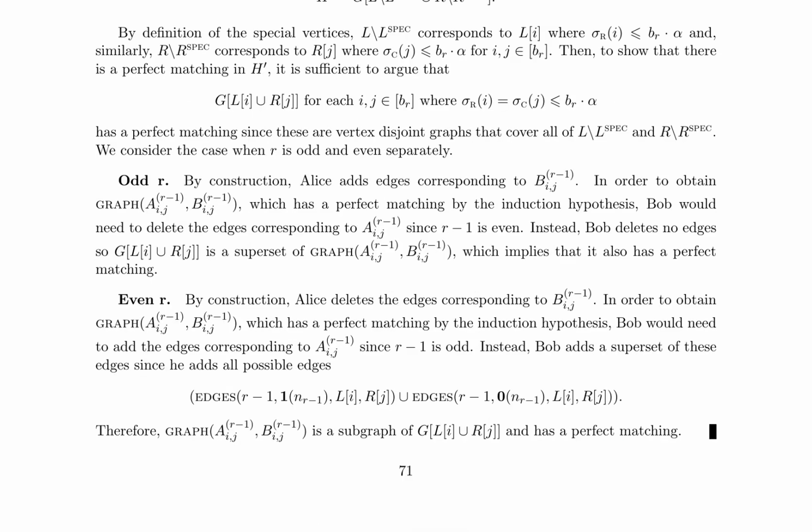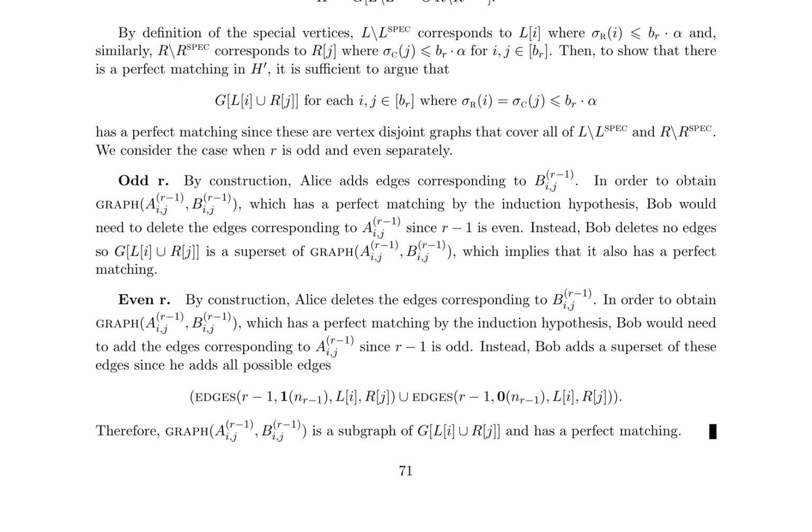Claim 5.22 states that for $R \geq 0$ and any $A_R, B_R$, the graph $G = $ graph $A_R, B_R$ contains a perfect matching of size $2N_R$. The proof is by induction on $R$, with the base case $R = 0$ being trivial.